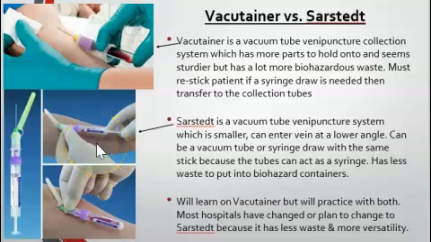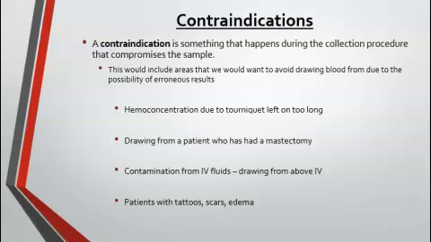The biggest difference between the vacuum container system and the Starstead system is the size of the tube holder. You see how much bigger the tube holder is versus the tube holder and hub for the Starstead system. You don't have near as much to hold on to. Some people prefer the Starstead system, some people prefer the vacuum container system, but we have clinical sites with both of these phlebotomy systems.